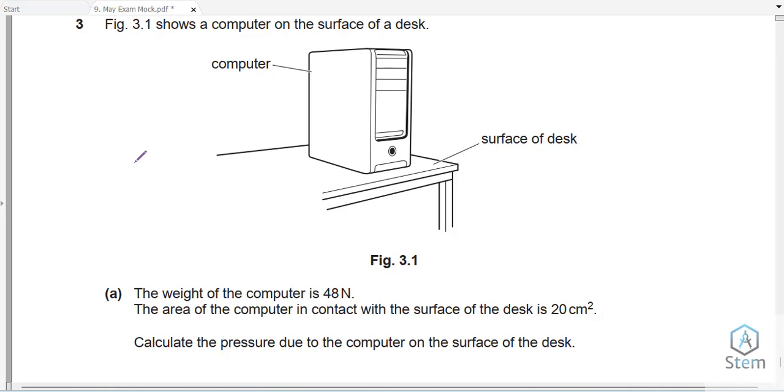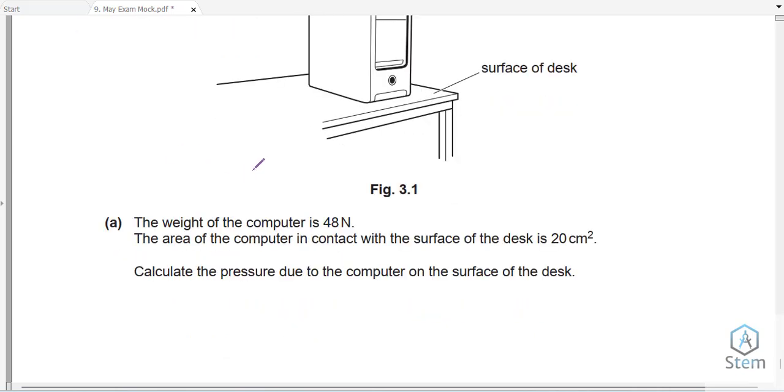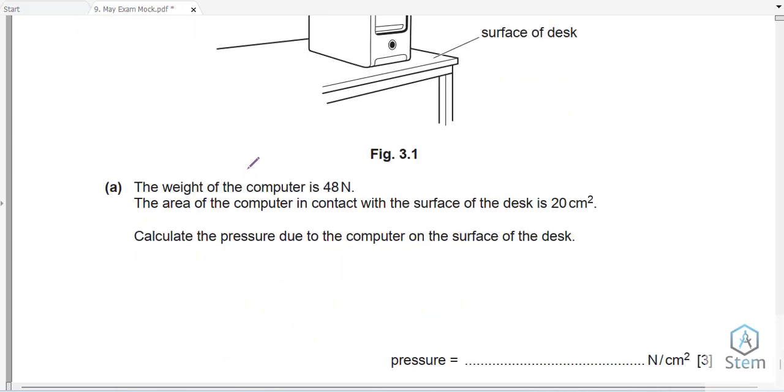The diagram shows a computer on the surface of a desk. The weight of the computer is given. The area of the computer in contact with the surface of the desk is given. First of all, take note of the units.